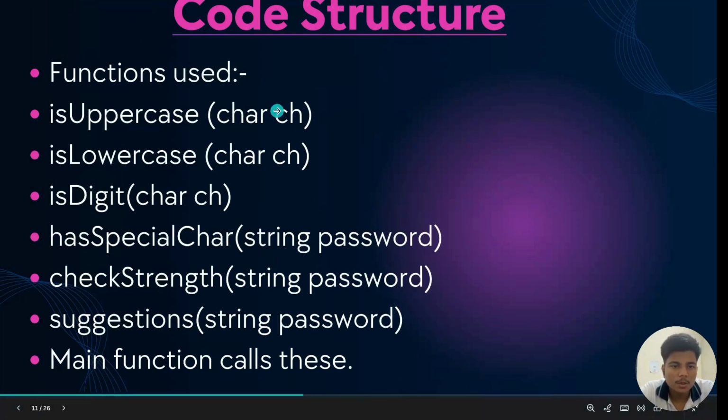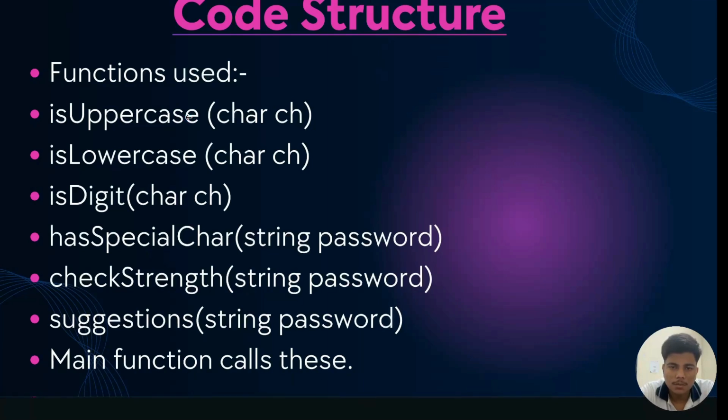So I've divided the code into separate functions where each function checks a specific aspect, such as isUppercase will check whether the password has uppercase letters. isLowercase will check whether the password has lowercase letters. isDigit will check whether digits like 0 to 9 are present or not. hasSpecialChar will check for special characters. checkStrength will check the overall strength of the password.